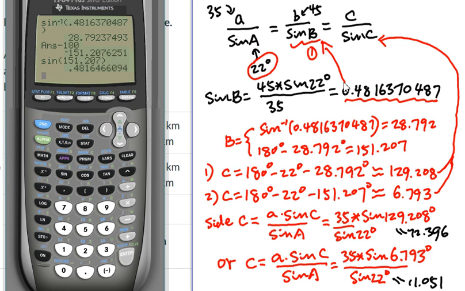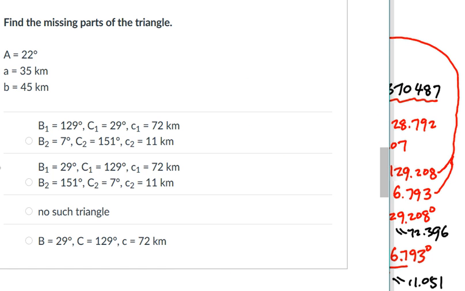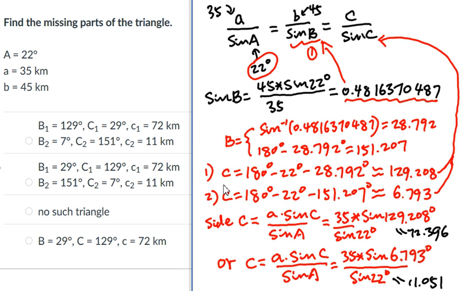Now, if you go back to check the answer, which one is the one we need? We first look at B, the first one that comes out. That's 29 degrees here, or 151. So 29, 151.